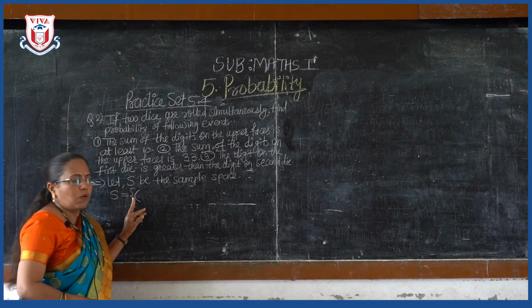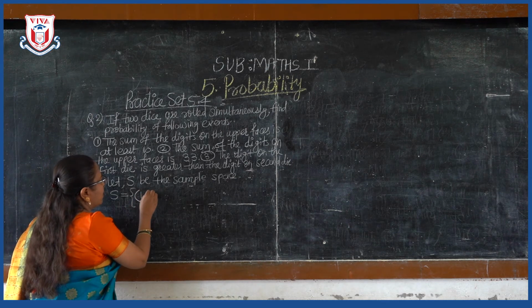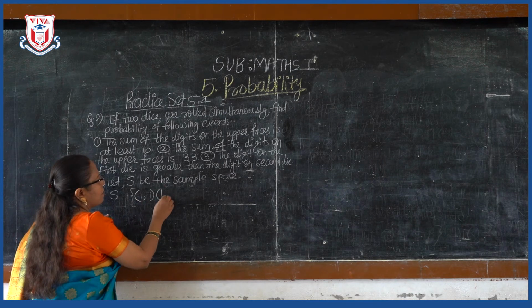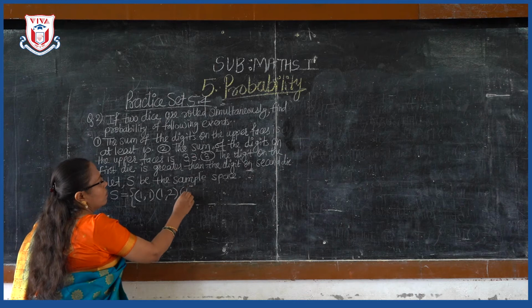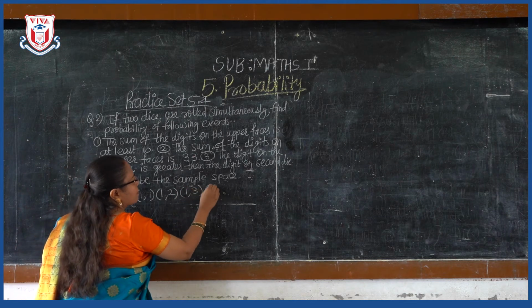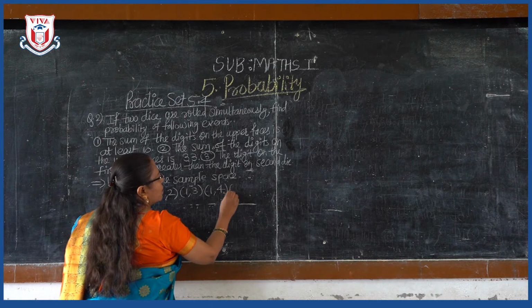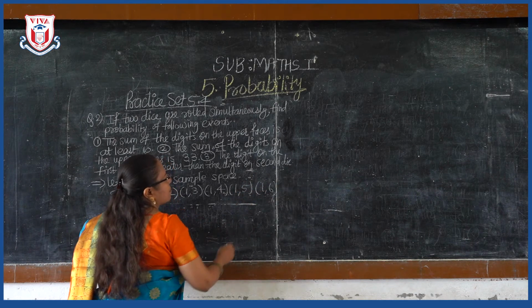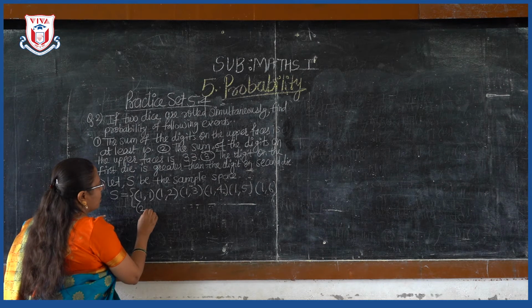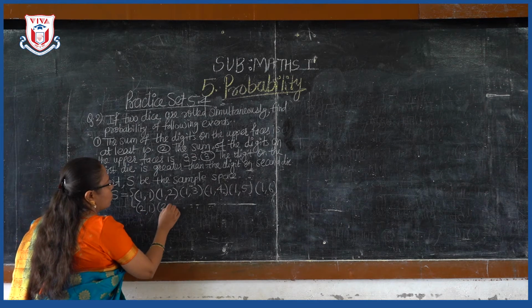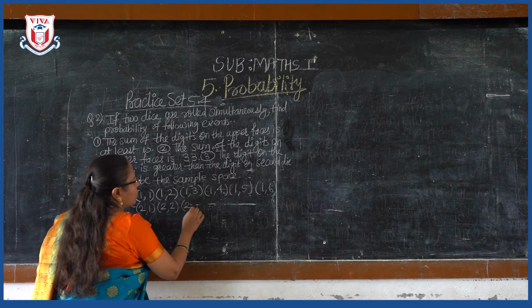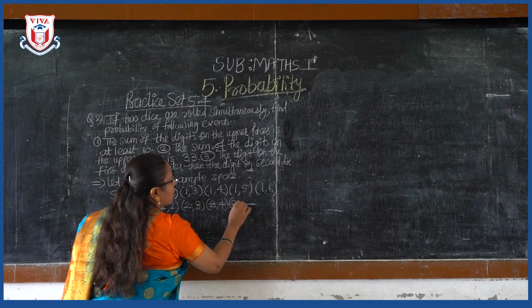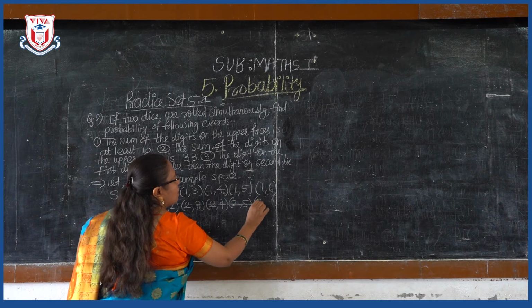First outcome is on both the dice you will get 1. That means 1 1. Second 1 2. 1 3, 1 4, 1 5, 1 6. Then 2 1, 2 2, 2 3, 2 4, 2 5 and 2 6.